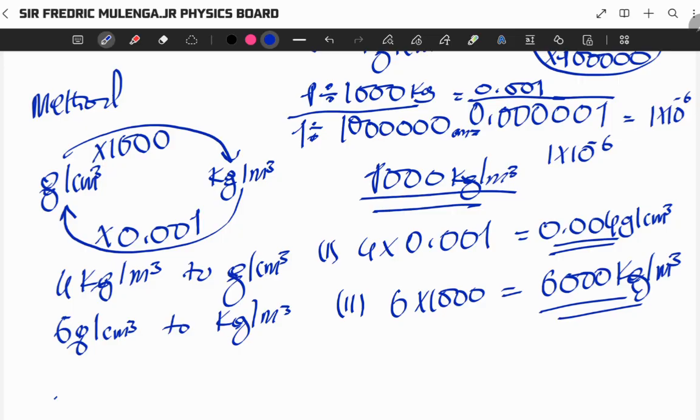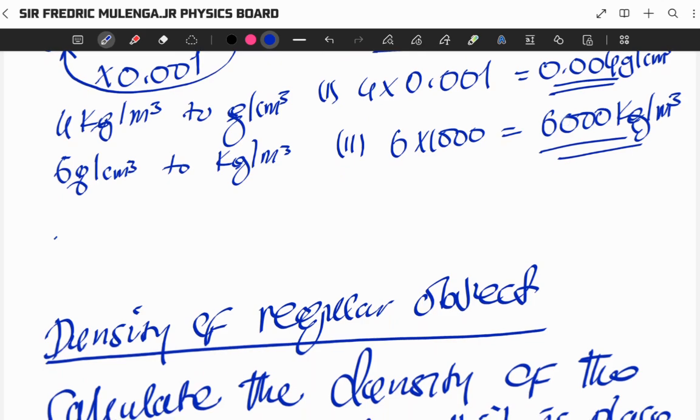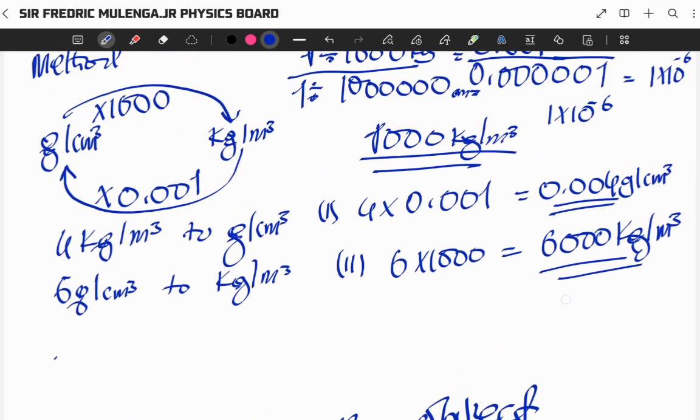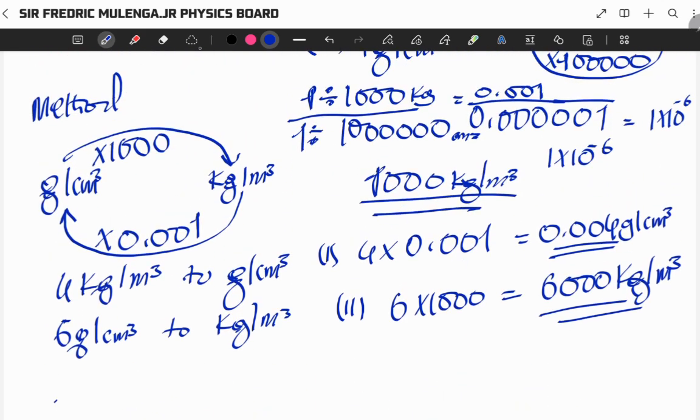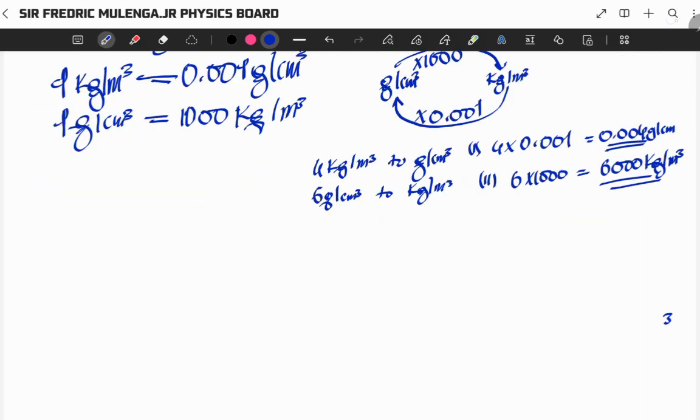And I need to remind you that when you are handling a problem for density, it's not always that you are converting the units, unless you are asked to do that. Okay, now let's define this. What is density? So I'm going to clear the board. Density is the mass per unit volume.